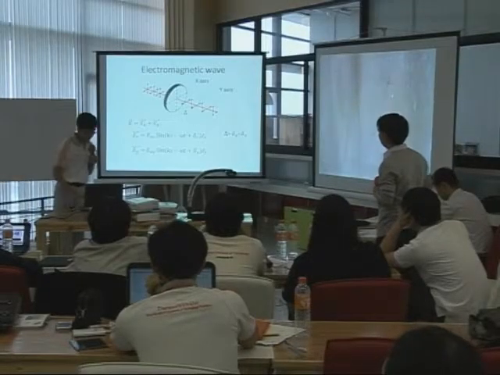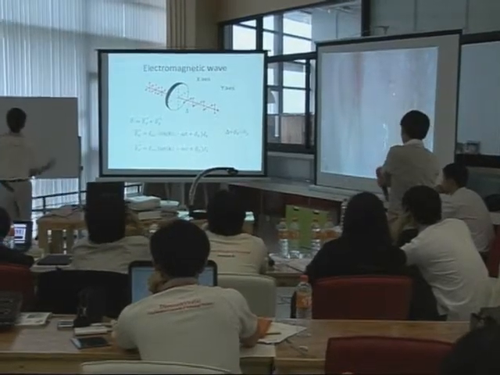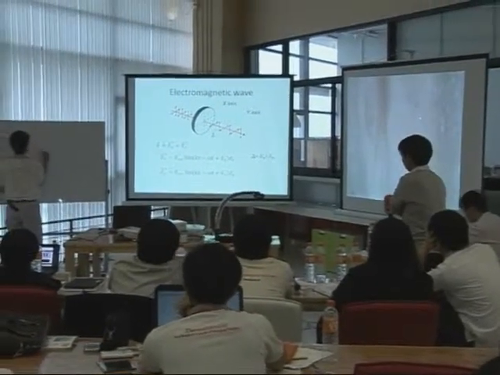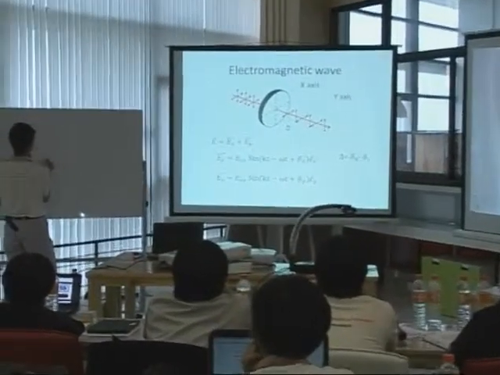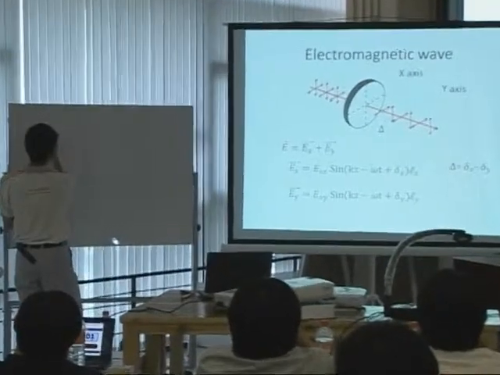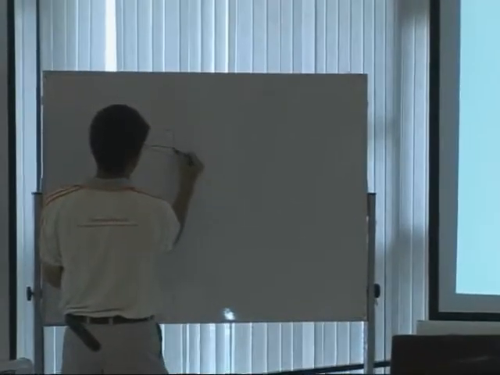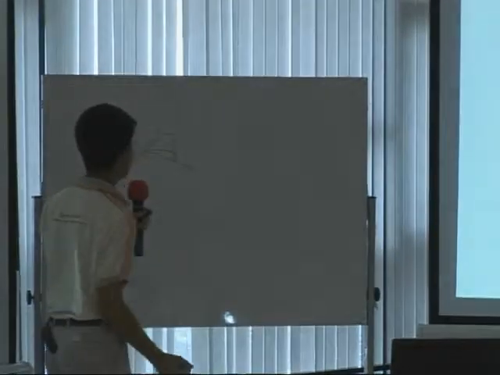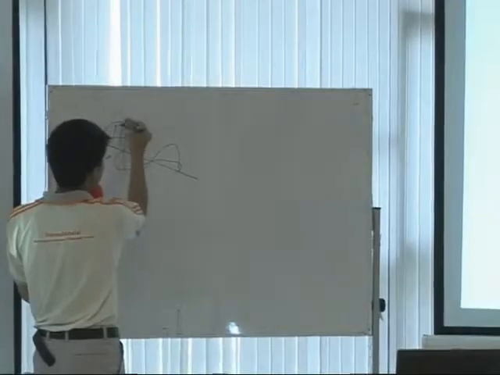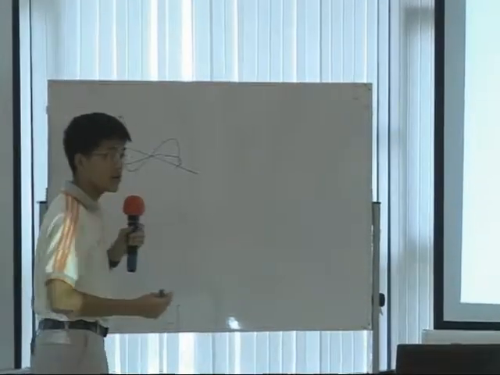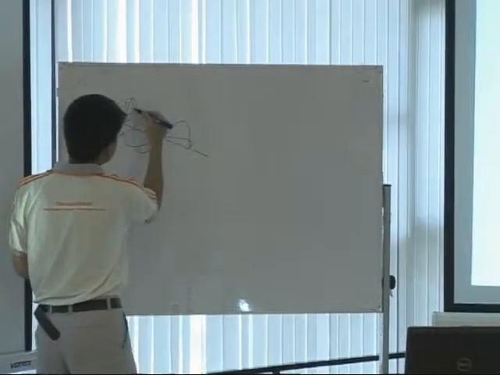Because from this picture, you can say it goes something like this. This is the y component, and this is the x component. As the two vectors are merged together, it gives this.